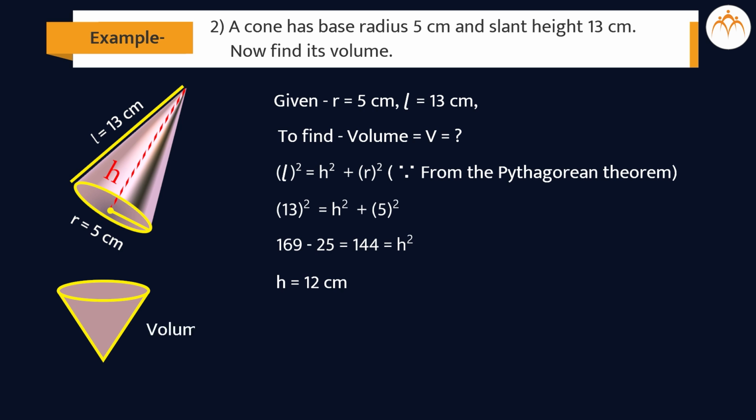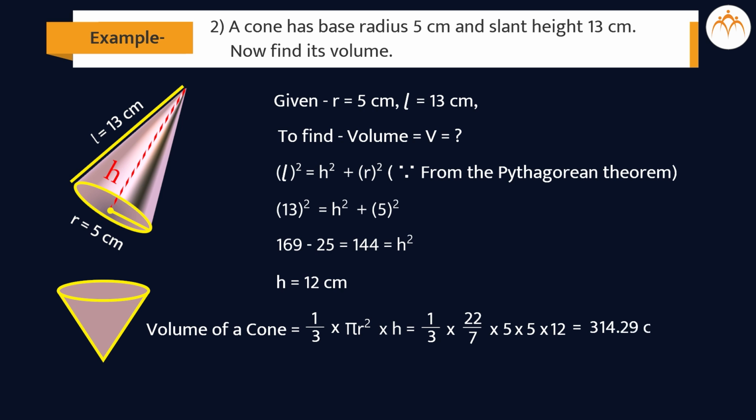Now, volume of a cone is equal to 1 by 3 multiplied by pi r square h is equal to 1 by 3 into 22 by 7 into 5 into 5 into 12 is equal to 314.29 centimeter cube.